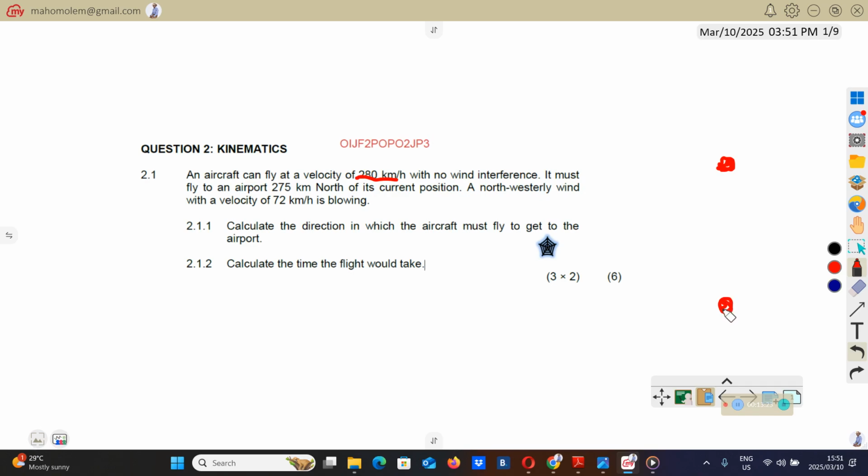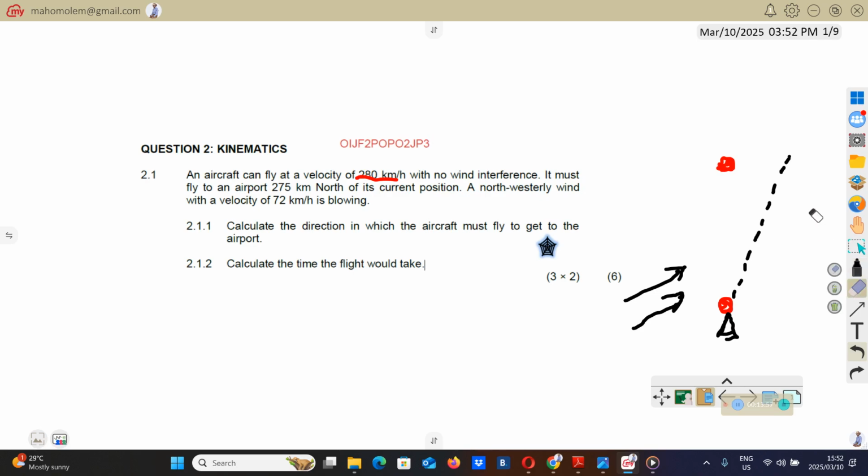So what we've seen is that if this pilot sets this aircraft in this direction, and then there is a blowing wind in this direction, this thing is not going to move straight, it's going to move like this. And then the aircraft won't reach the desired destination.